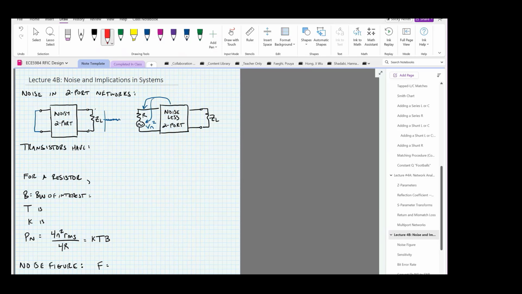In certain circuits, we might also extract a noisy current source as well, and a shunt resistance to model noise. Okay, so transistors have a couple different types of noise.